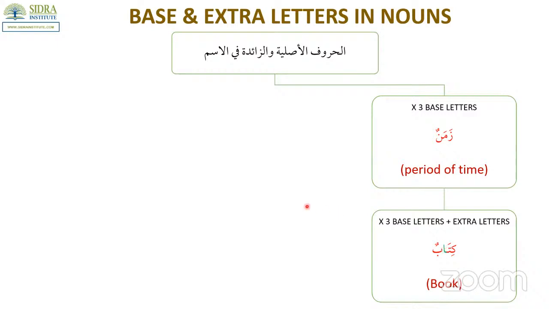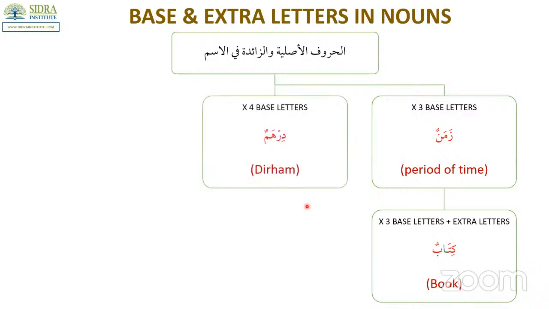We can even have four base letters. So four root letters in a word. So you've got the word dirhamun. Now in this word, dal, ra, ha, and mim, all of these letters are considered to be the radical and base letters. So when searching for this word in the dictionary, we need to search under dal, ra, ha, and mim.